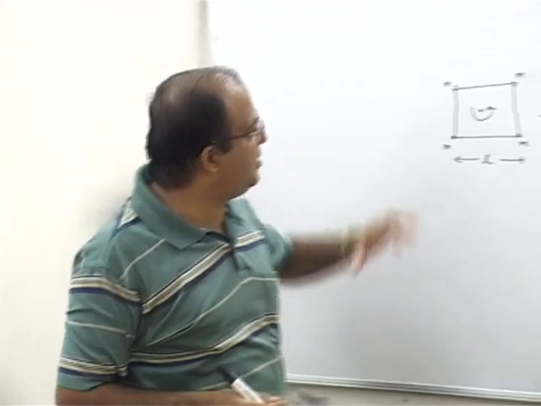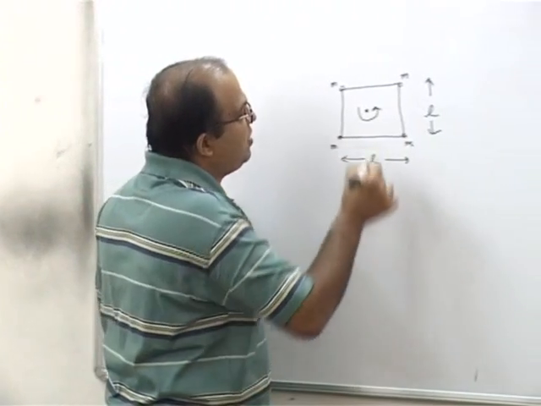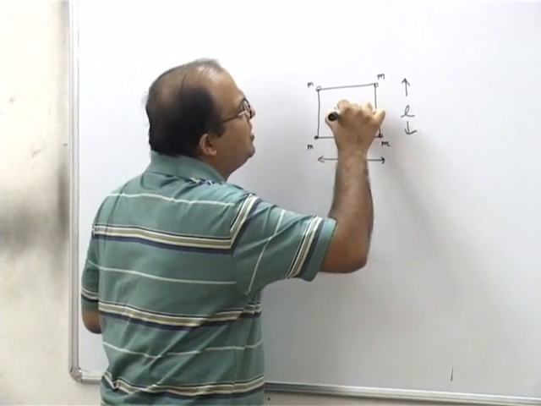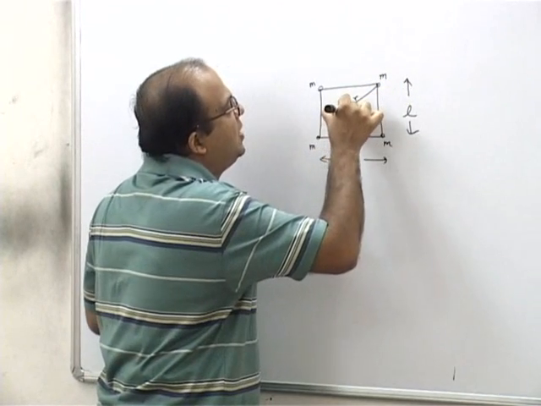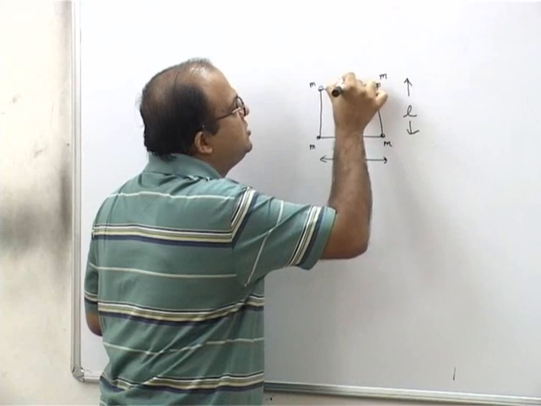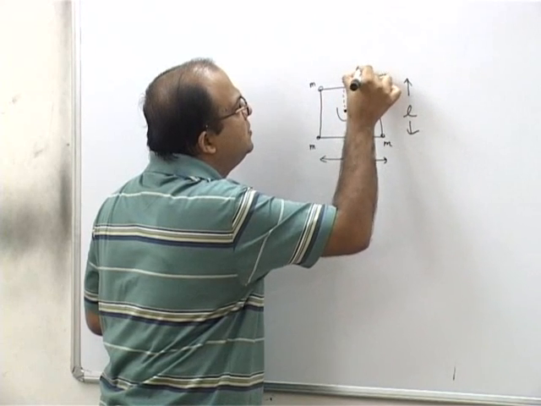Now everything is symmetrical here. So distance of all the point masses from the axis of rotation is same. This is r. How much is this r? So this distance will be L by 2.